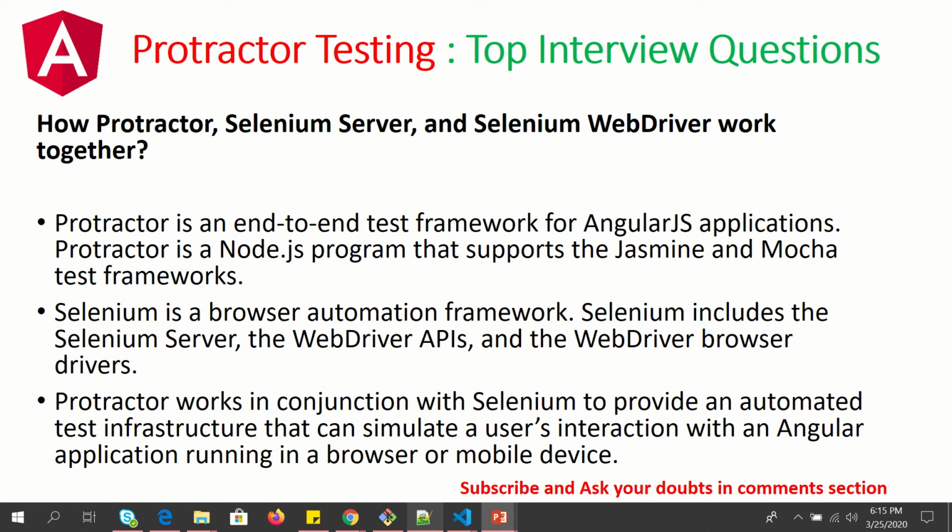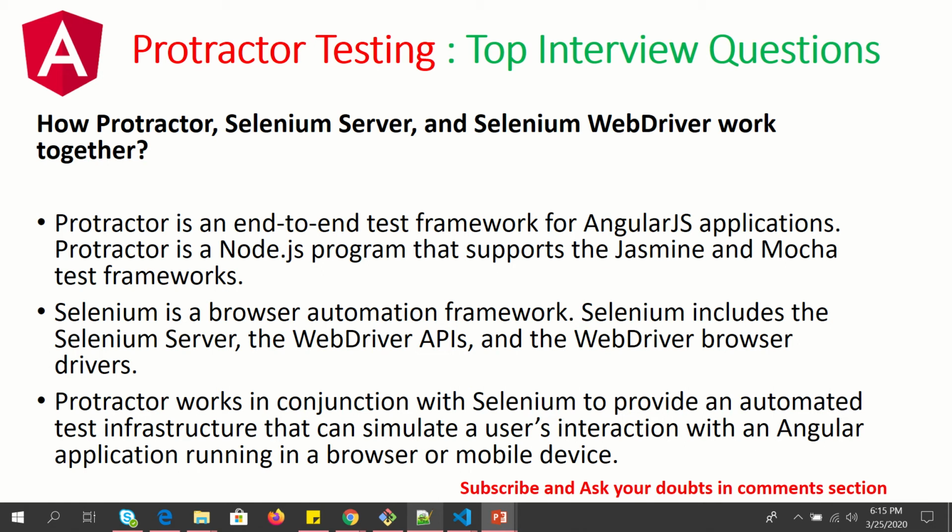Alright, so how do Protractor, Selenium Server, and Selenium WebDriver work together? Protractor is an end-to-end test framework for AngularJS applications. Protractor is a Node.js program that supports the Jasmine and Mocha test frameworks. Selenium is a browser automation framework.